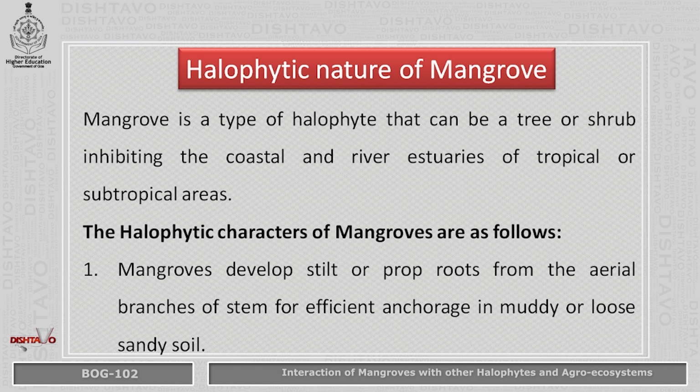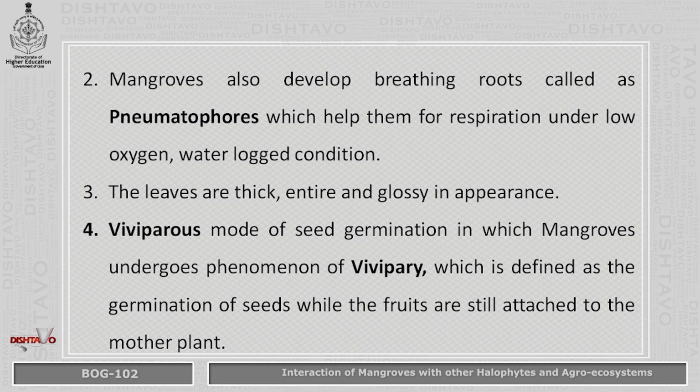Now let us learn about the halophytic characters of the mangroves. Mangroves develop stilt or prop roots from the aerial branches of stem for efficient anchorage in muddy or loose sandy soil. Mangroves also develop breathing roots called pneumatophores, which help them for respiration under low oxygen waterlogged condition.